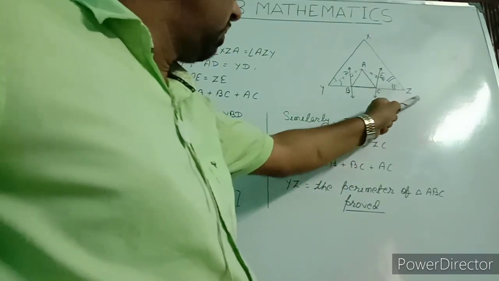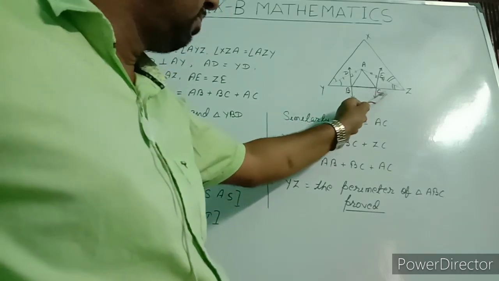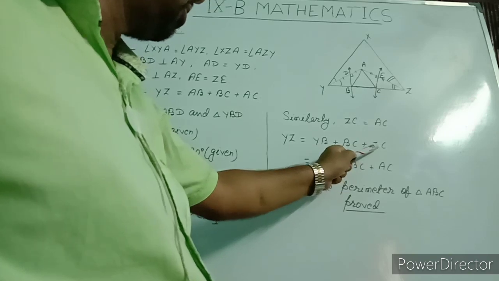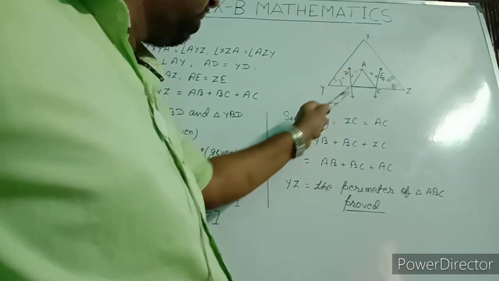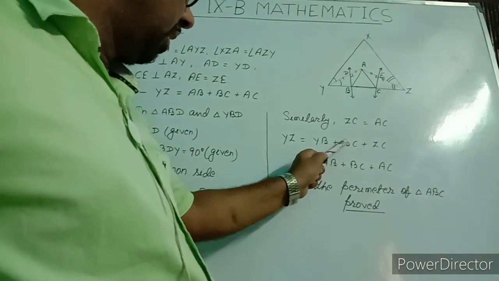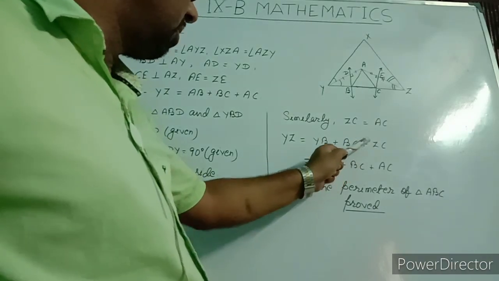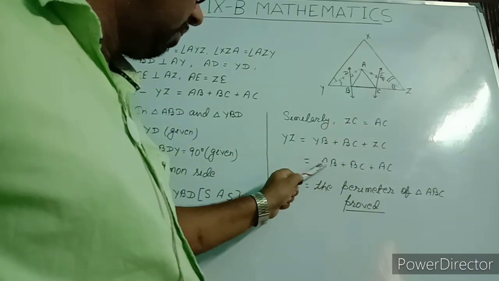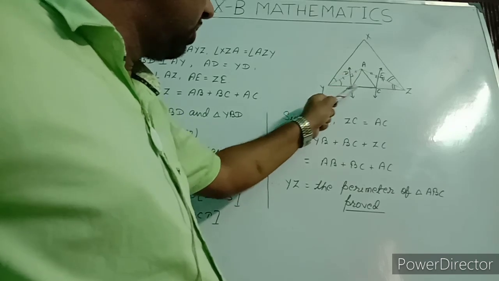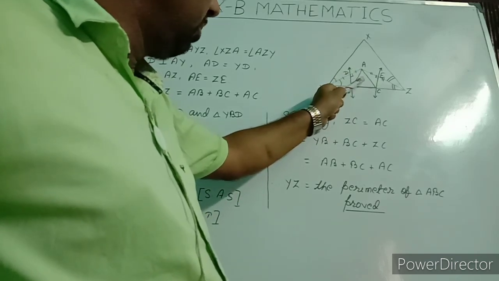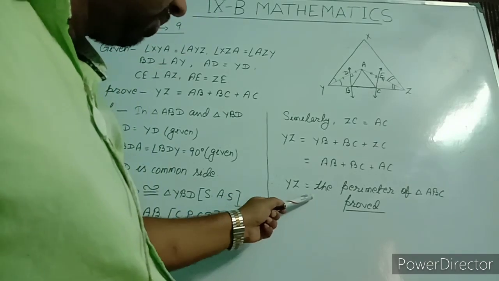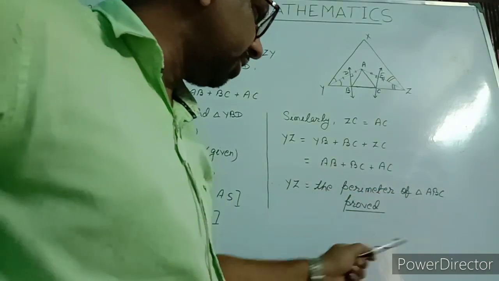Now YZ equal to YB plus BC plus ZC. YB is equal to AB. Here I wrote AB at this place, and at the place of ZC I wrote AC. AB plus BC plus AC, that will give you the perimeter of triangle ABC. So at last I wrote, therefore YZ is equal to the perimeter of triangle ABC, proved.